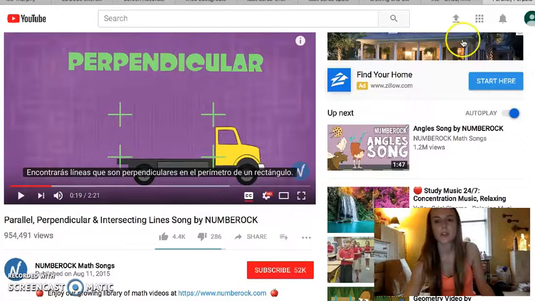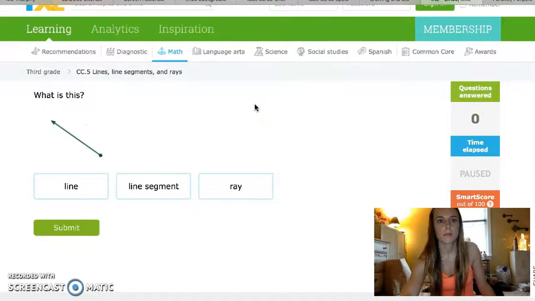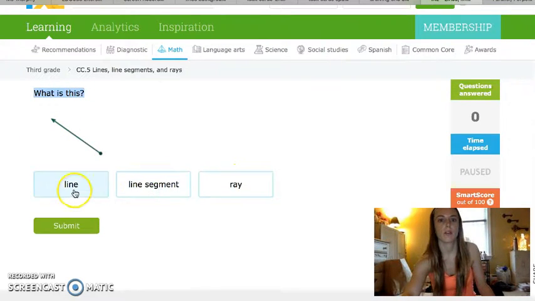Okay, and then after that would be the IXL. My school has this program, IXL. This would be a way for me to assess what they know. Even though there are words up here, there's a picture and 3 terms.